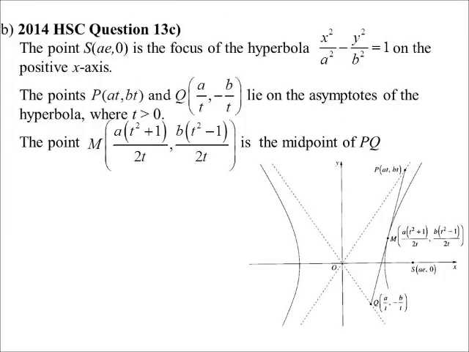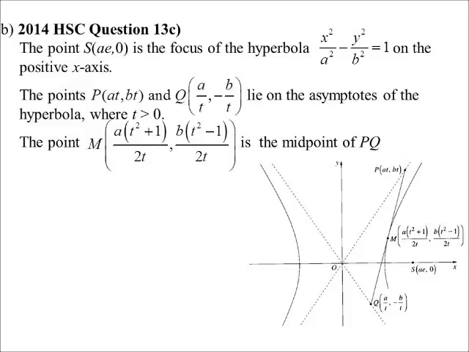The one from the year before, 2014, again about halfway through the paper. This time, it's a hyperbola again. They've told us the focus, our points. That's a bit strange. Oh, of course. These points aren't actually on the hyperbola.